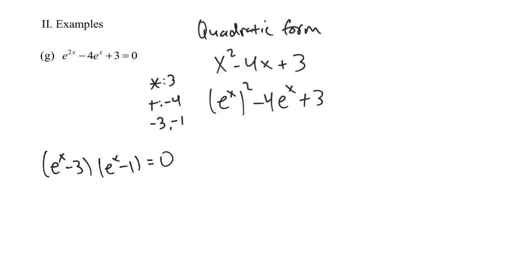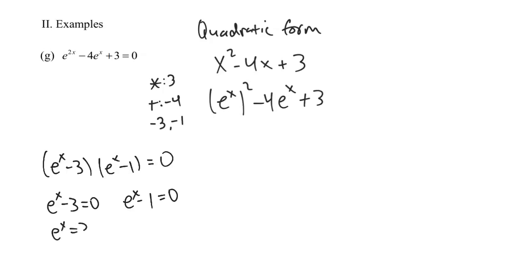Okay, so now we can set both of these equal to 0. So e to the x minus 3 is equal to 0, and e to the x minus 1 is equal to 0.